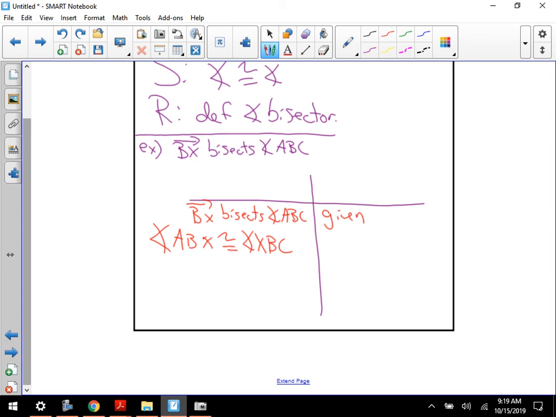The reason is definition of angle bisector. I'm given information that has some sort of a definition to it, and all I'm doing is using that definition to get to the next step. Okay? I'm given information to work towards.